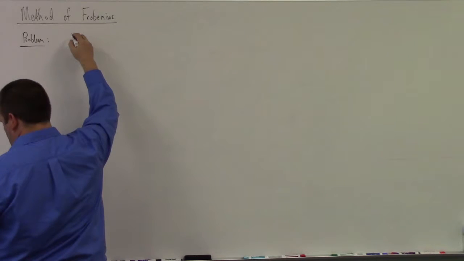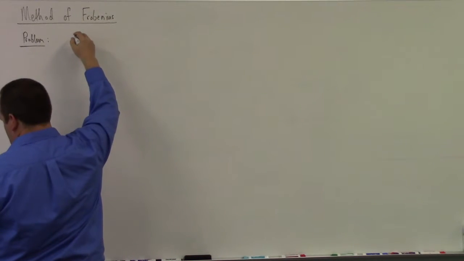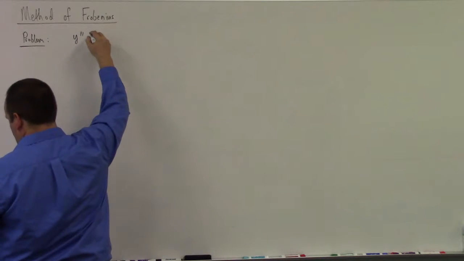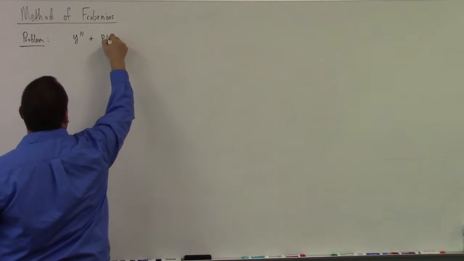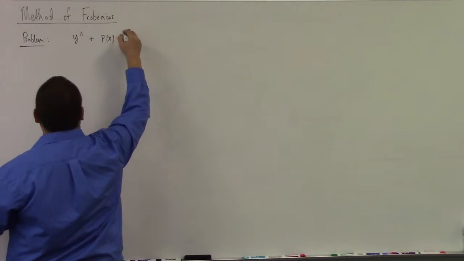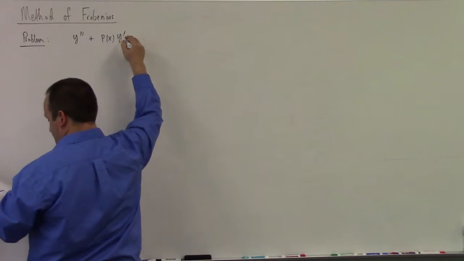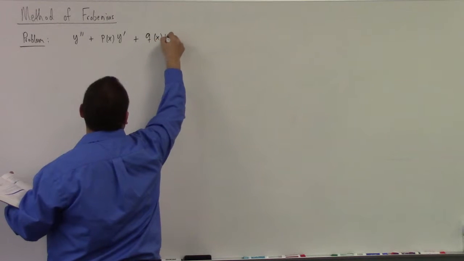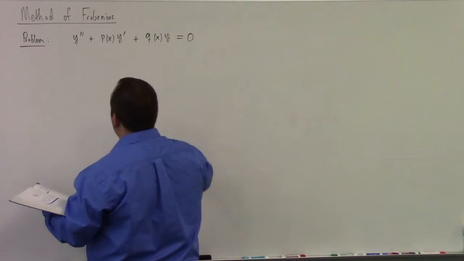Basically, we're looking at how to solve y prime prime plus p of x times y prime plus q of x times y equals 0.